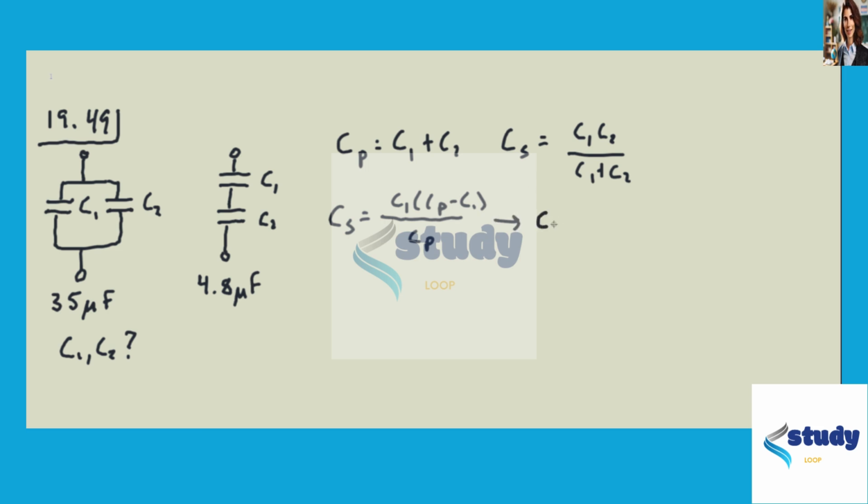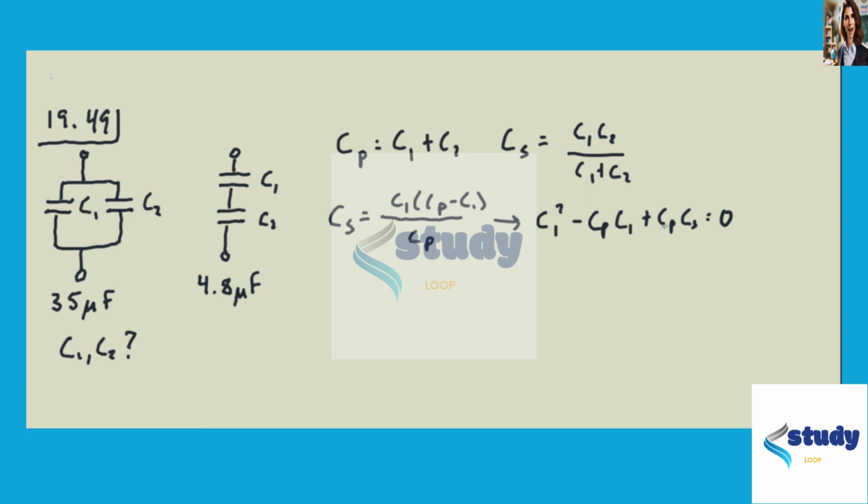And then this means that C1 squared minus Cp C1 plus Cp Cs equals 0.